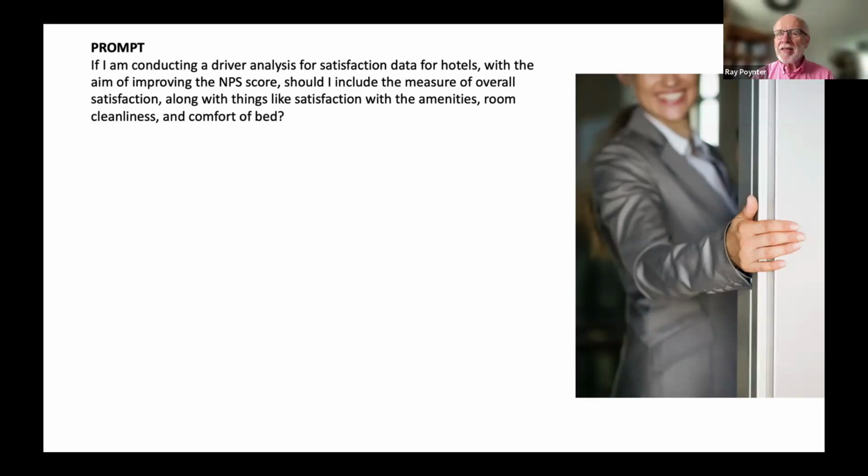But this is something that I wish ChatGPT had said. Now I have to go to my intern and say, you know what? If I'm conducting a driver analysis for satisfaction data for hotels with the aim of improving the NPS score, should I include a measure of overall satisfaction along with things like satisfaction with the amenities, room cleanliness, and the comfort of the bed?